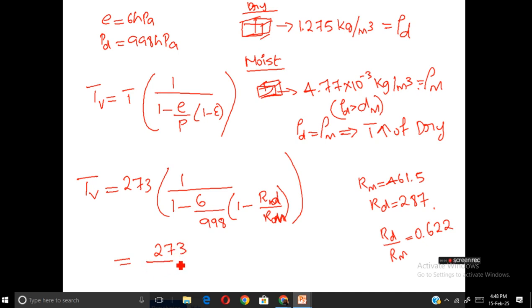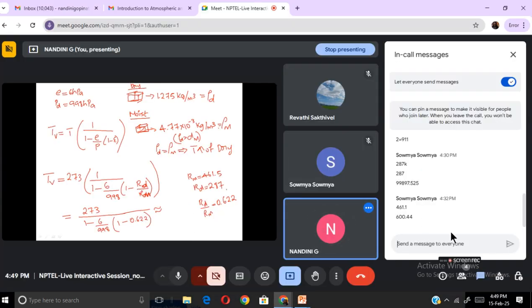So 273 divided by 1 minus 6 by 998 into 1 minus 0.622. I'm getting 274.09, approximately 274.